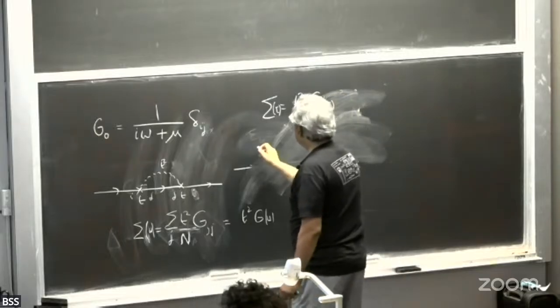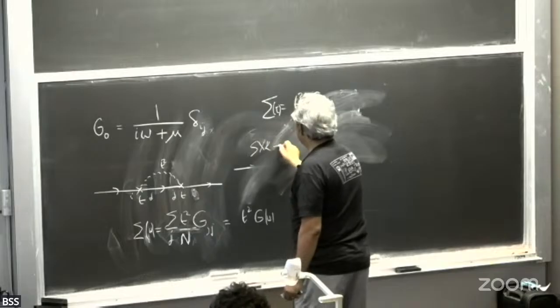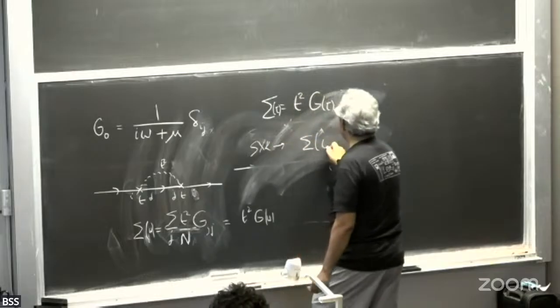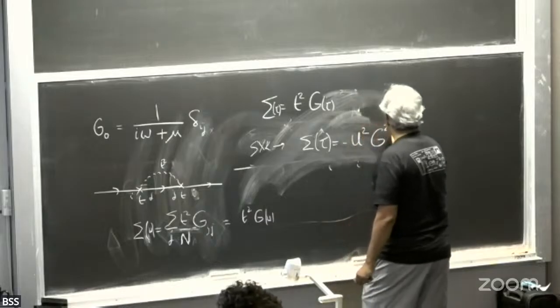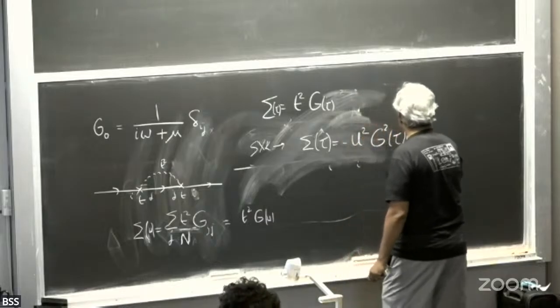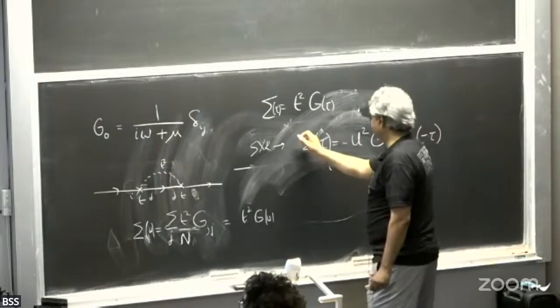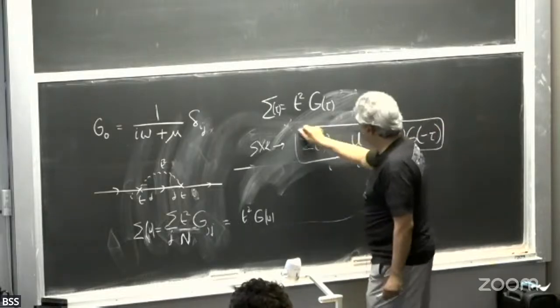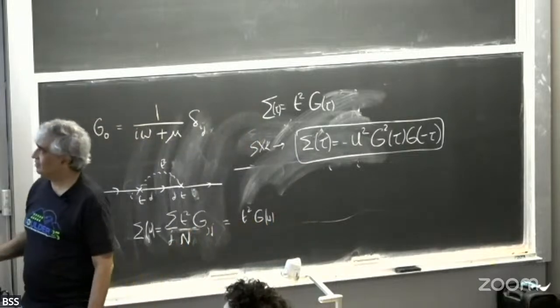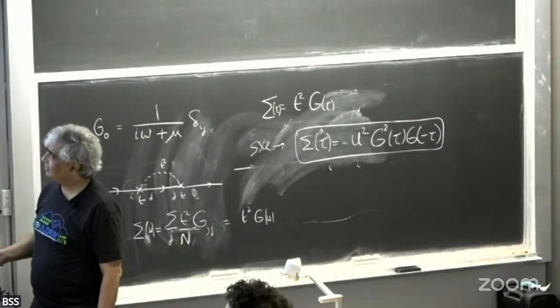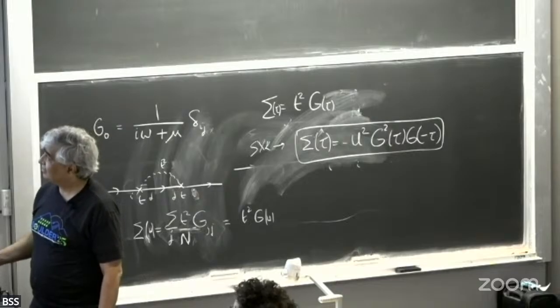Whereas for the SYK, it's sigma of tau equals u squared, I think there's a minus, g squared of tau, g of minus tau. So now you have to just solve these three equations. There's a certain density Q, and these are the equations.